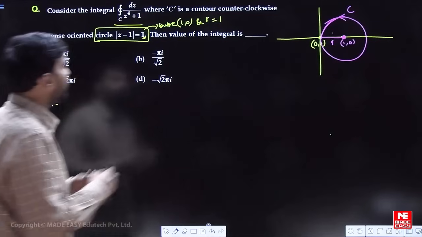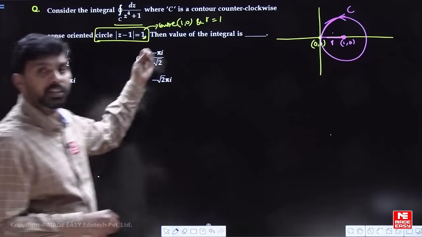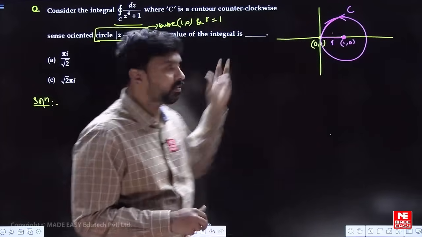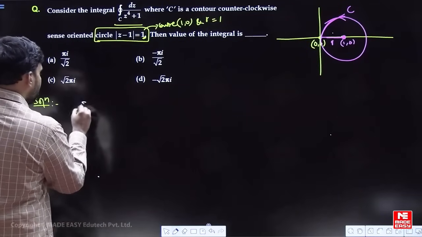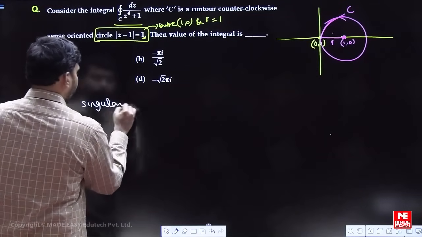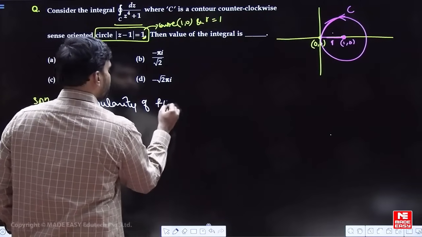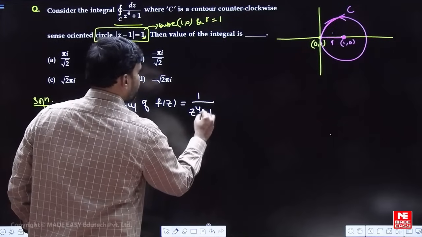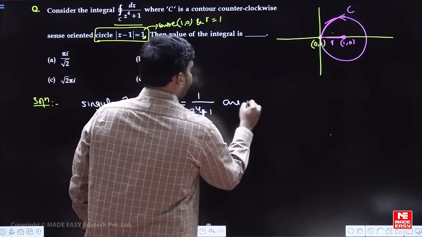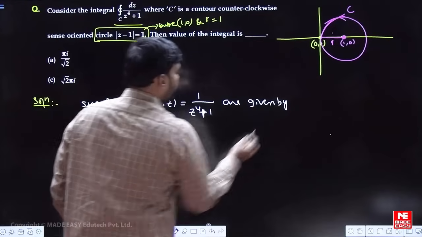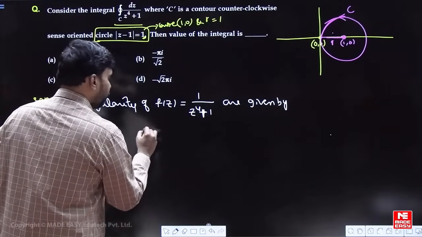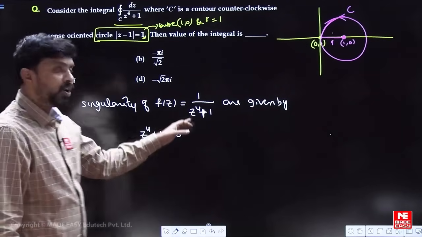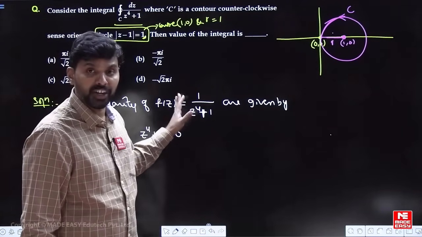Now, let us find out all the singularities and check whether the singularities of this function lie inside or outside. Okay, fine. So the singularities of f of z equal to 1 by z power 4 plus 1 are given by taking the denominator z power 4 plus 1 equal to 0, because when the denominator is 0, the function becomes undefined and infinite.